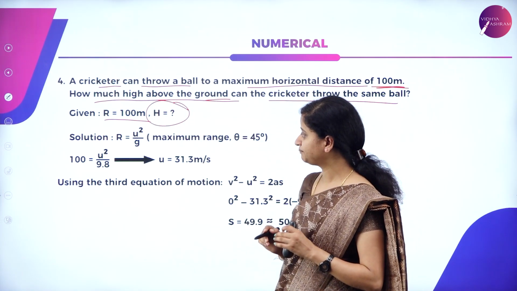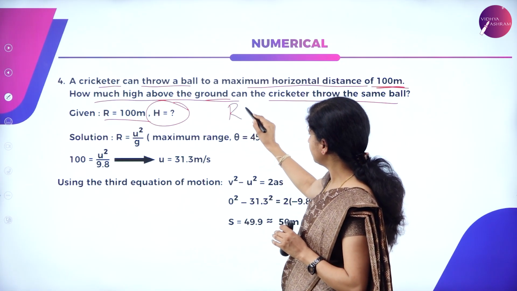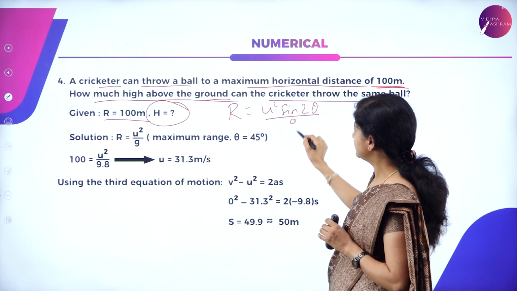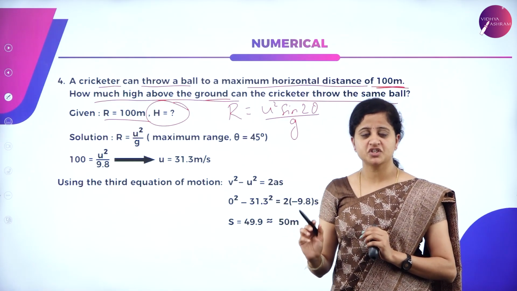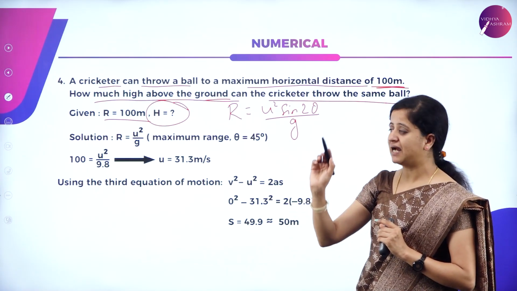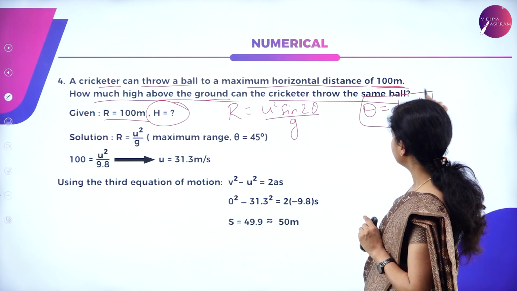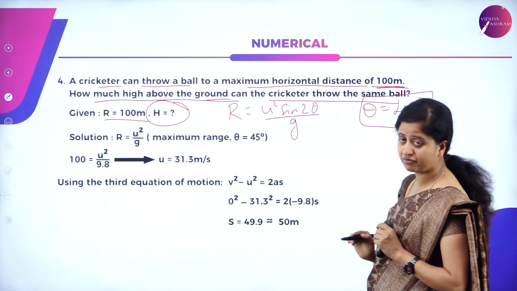So how to find h, or what is the formula to find range? Range is nothing but u square sine 2 theta divided by g. While studying the topic called range, a projectile motion, I told you the maximum range will be always at the value of theta, that is 45 degree. So here they are saying the range is maximum and theta must be 45 degree.